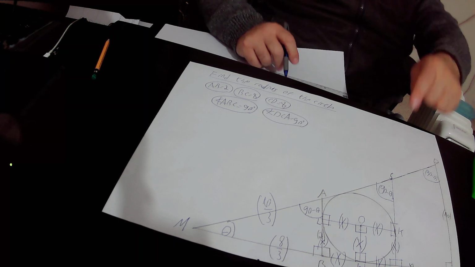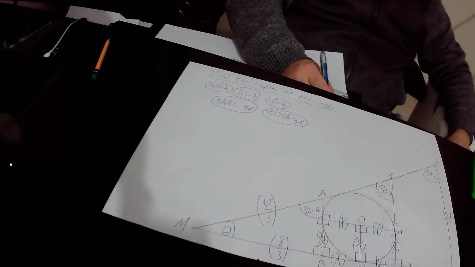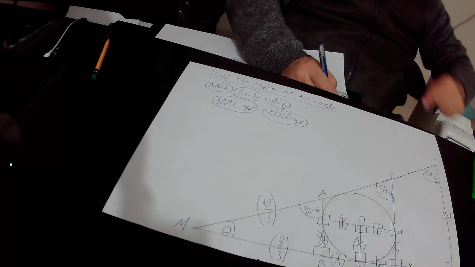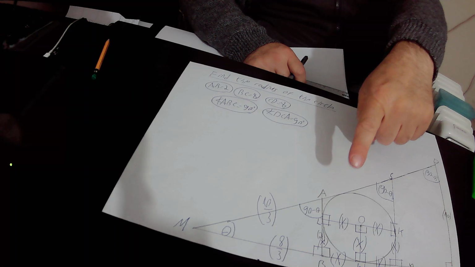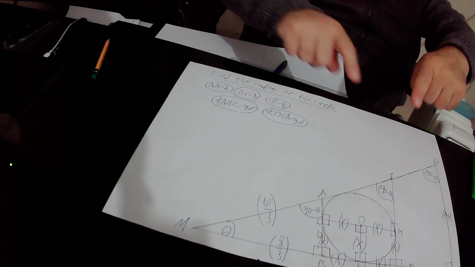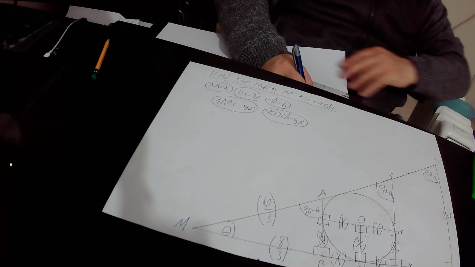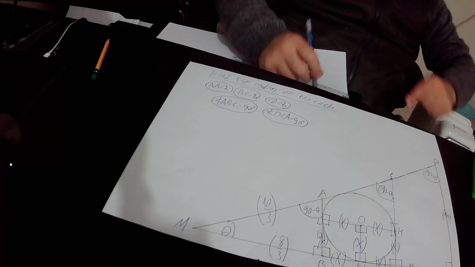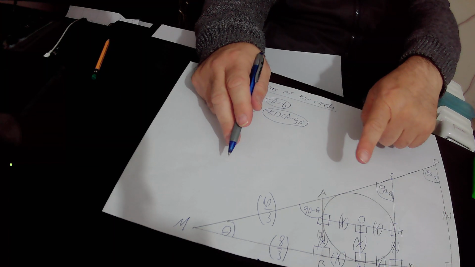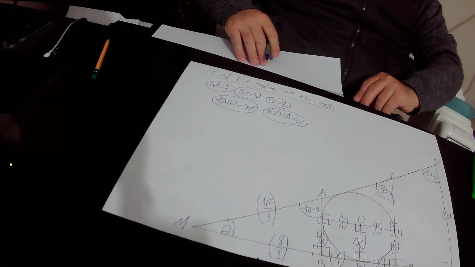We derive that side ST in the big right triangle STM over side AB in the small right triangle MBA is equal to side TM in the big right triangle STM over side BM in the small right triangle MBA. Repeat again.